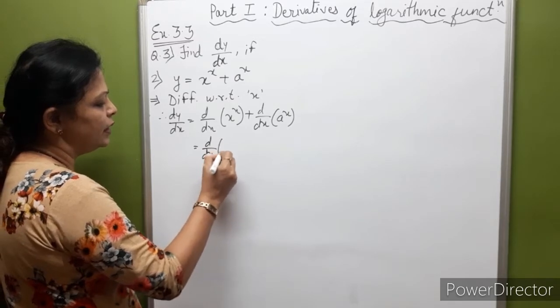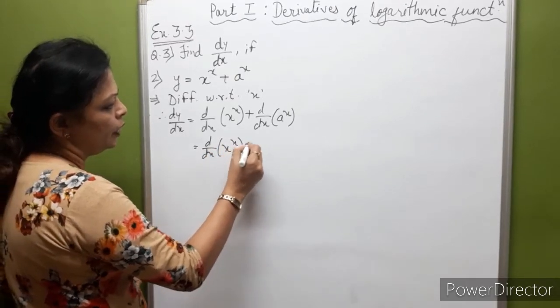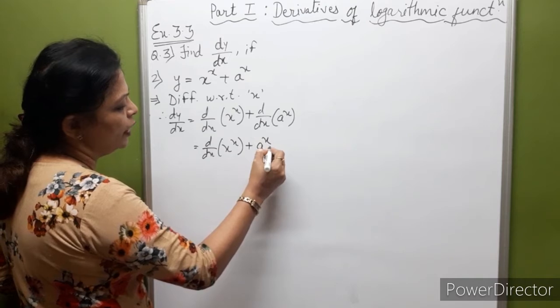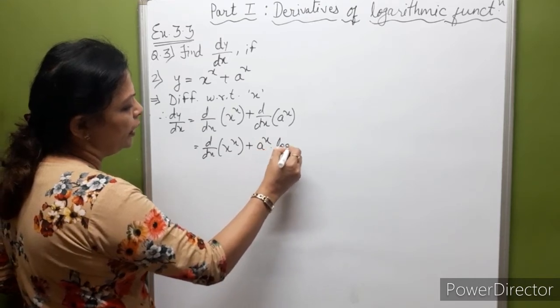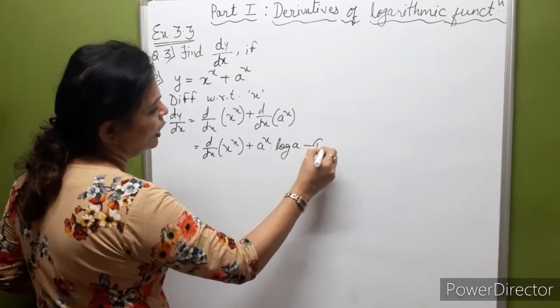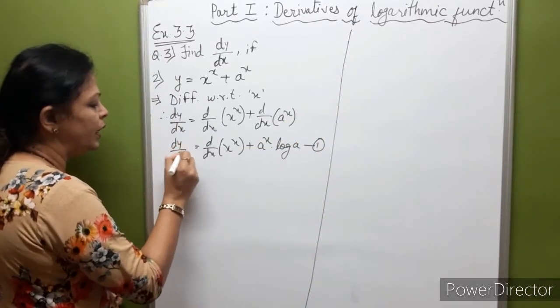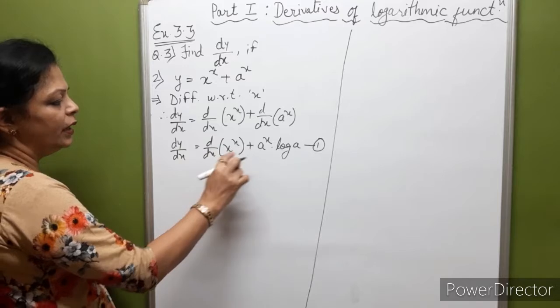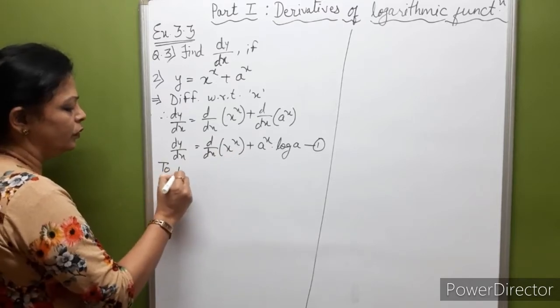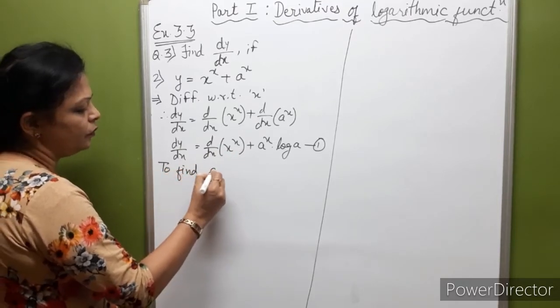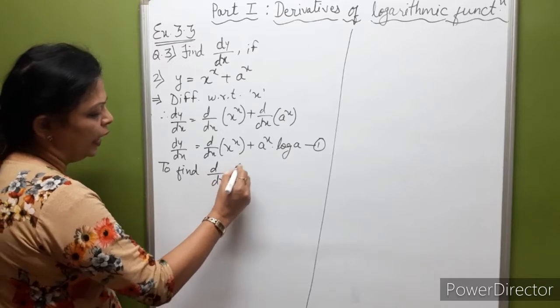Let's keep this as it is. This you will get a raised to x into log a. Let's keep this on hold. This is your dy by dx. We will find the d dx of x raised to x.